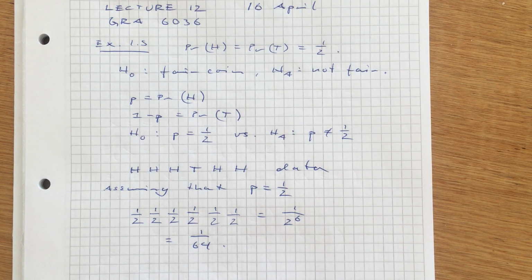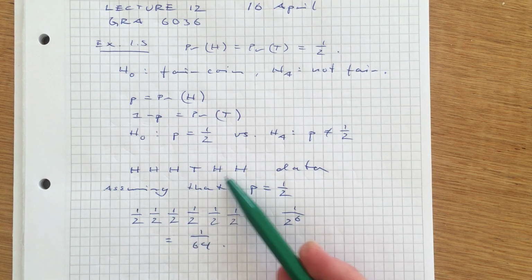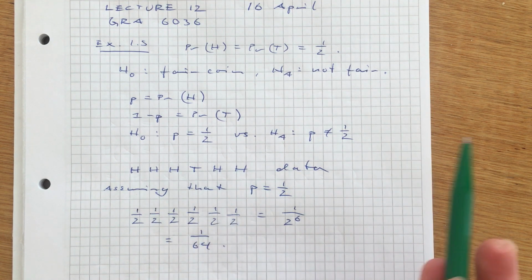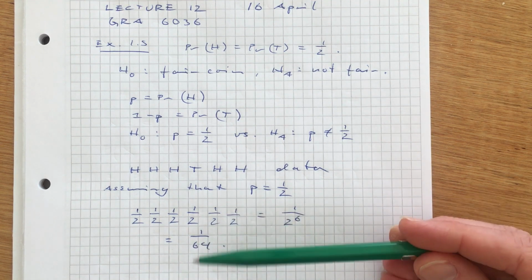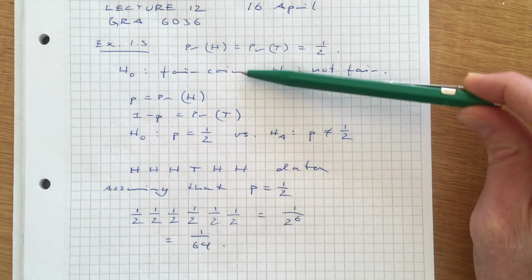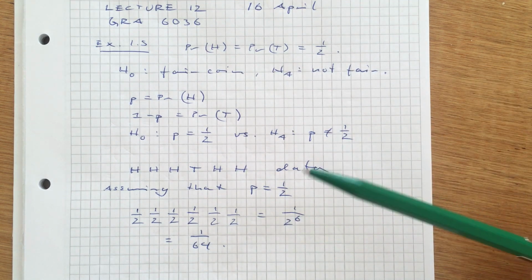In a sense, this sequence is strange because this is a small number, so we're surprised to get this sequence. But we can't use this probability to reject the null hypothesis. Why not?